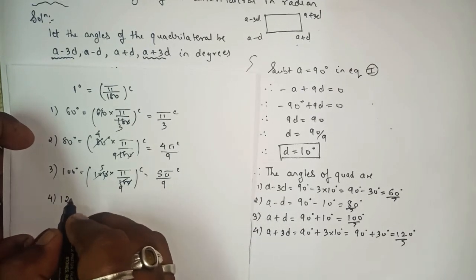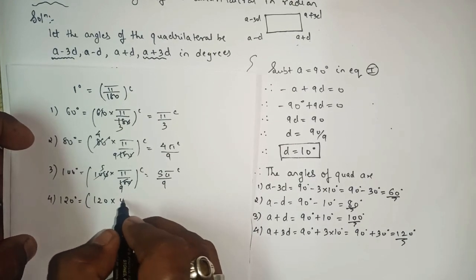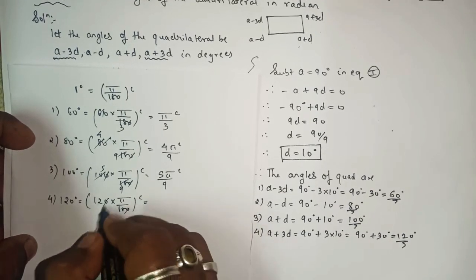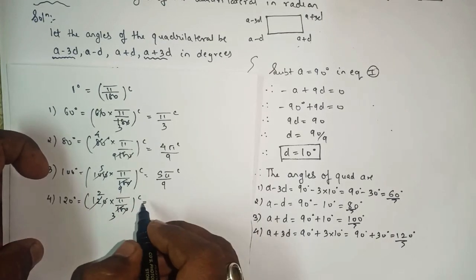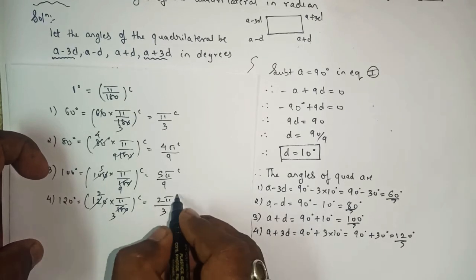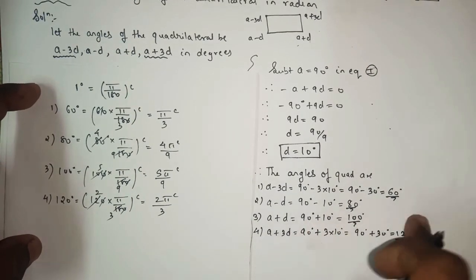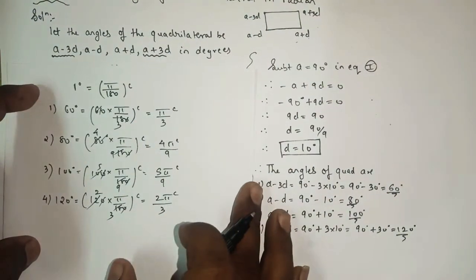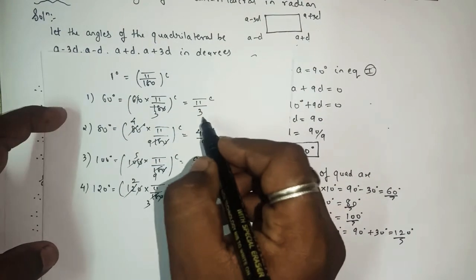So the fourth one is 120 degree. 120 into pi by 180. 0 0 cancel. 6 twos are 12, 6 threes are 18, so here we got 2 pi by 3 as answer. So here we got the answer in both the systems, degree as well as in radian. But it says that we have to find the angles of the quadrilateral in radian. So here we got the answer in radian.